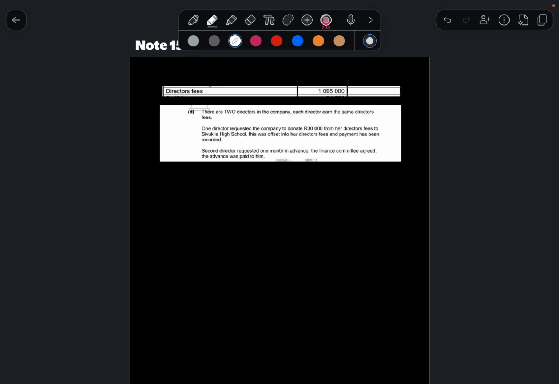Firstly, they say there are two directors in the company, so they put an emphasis on the two directors, right? The two directors in the company each earn the same director's fee. So they're telling us that they earn the same amount. We can note that down.